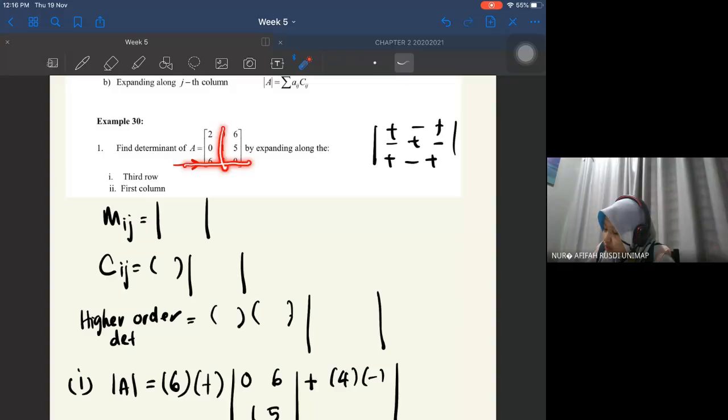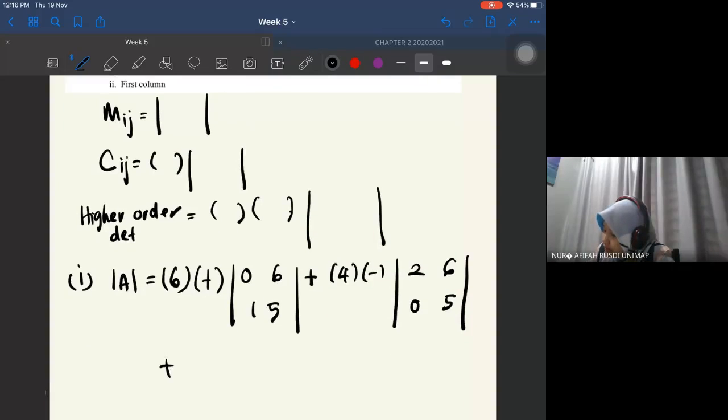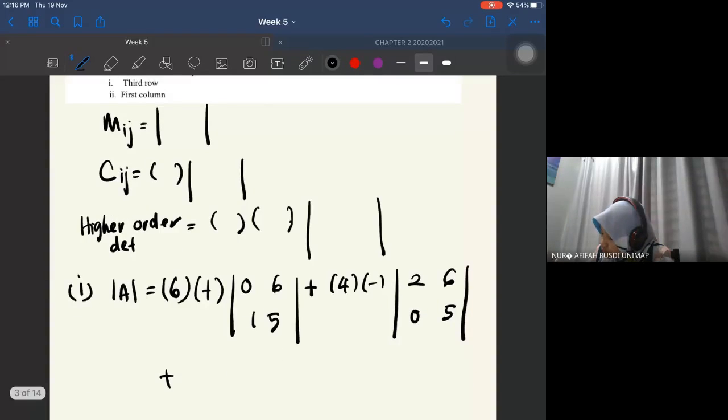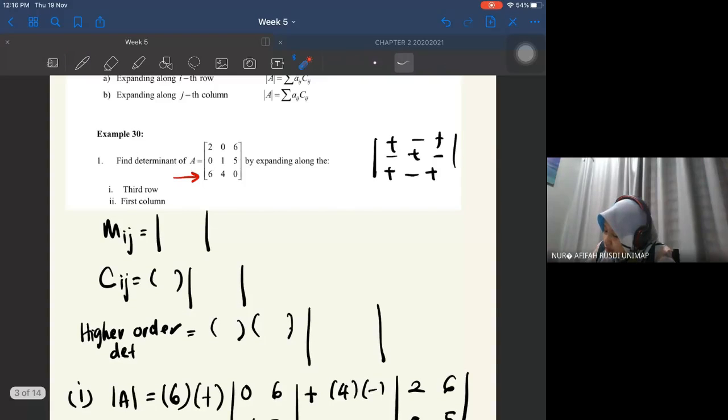So I ada 2, 6, 0, 5. Plus, the last one is 0, so the symbol is plus. So here, delete row 3, column 3, and you will have 2, 0, 0, 1.